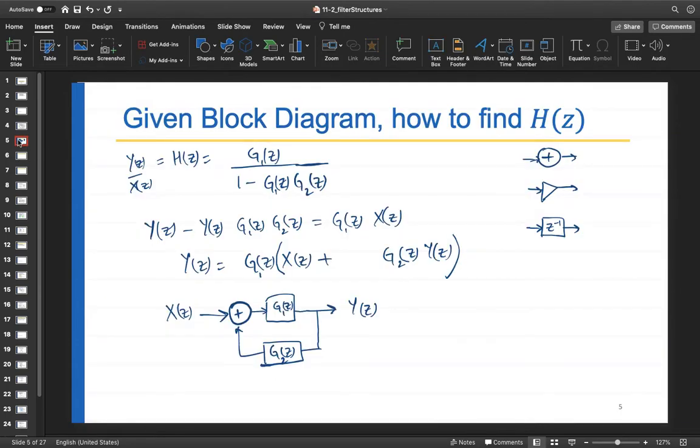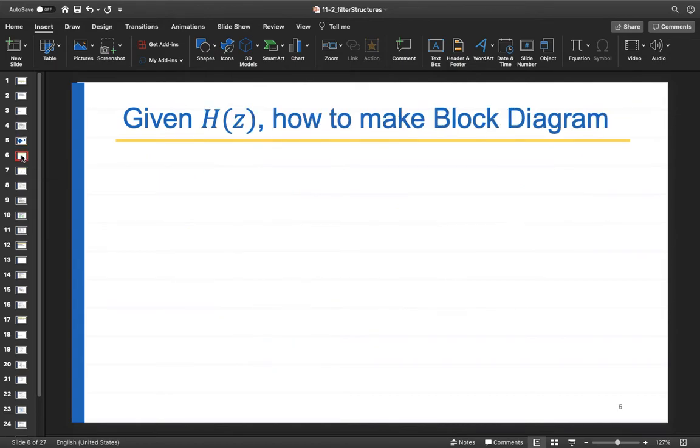That is the thing which we just now discussed. Now, given the block diagram, how do we find H(z)? I can write it down here. So we are now given a block diagram. How do we find H(z)?